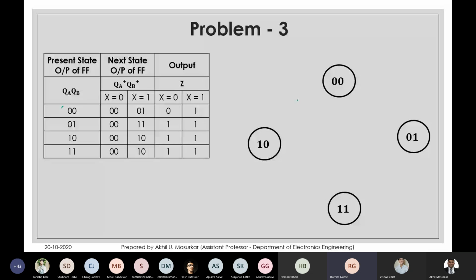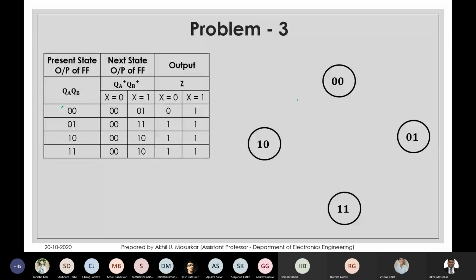Now, listen to the question. If my present state is 1, 0, what is the output and the next state when x is equal to 1? Next state is 1, 0 and output is 1. Okay.